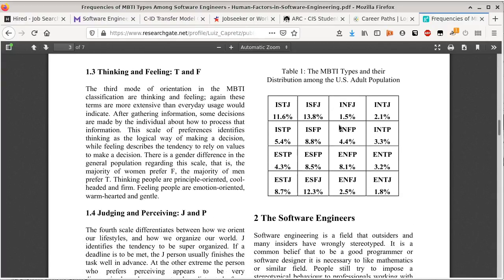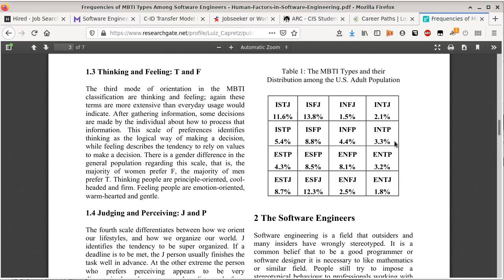So it shows the frequency of what type of people, or what is the percentage of each type in this one is just the U.S. adult population. So in the U.S. adult population, combining both genders, you can see that INTP is right here, 3.3%.